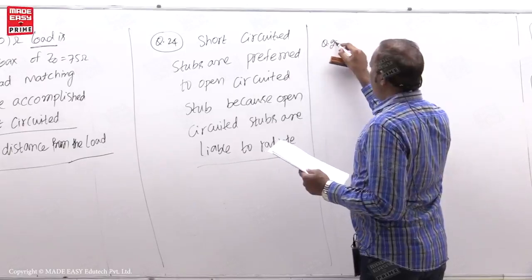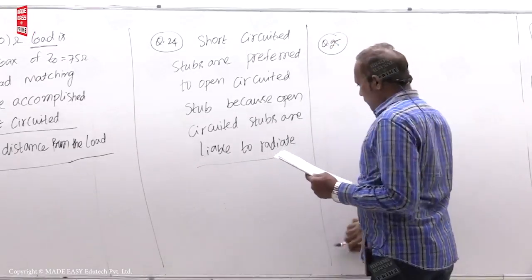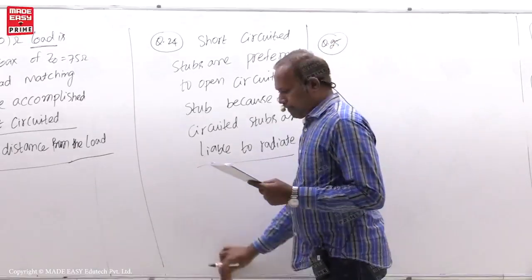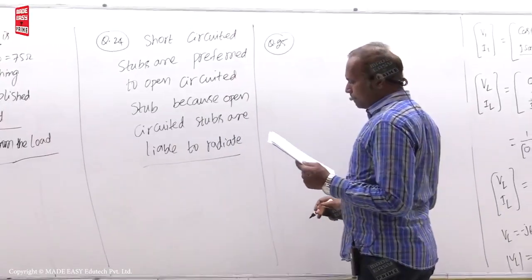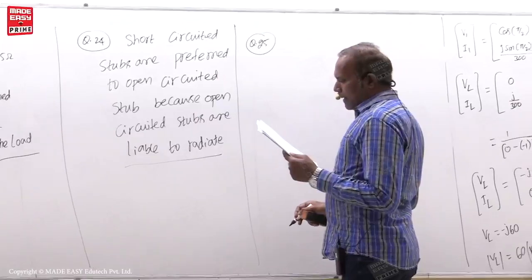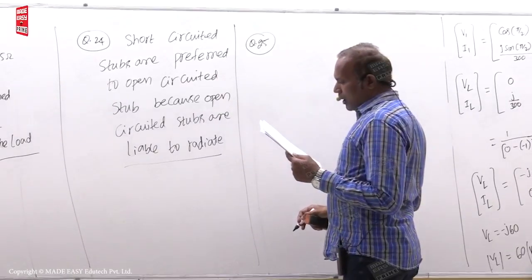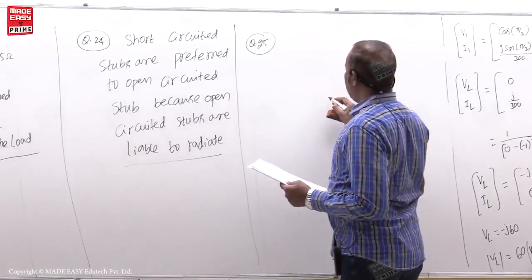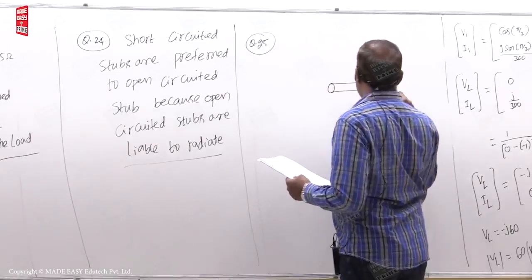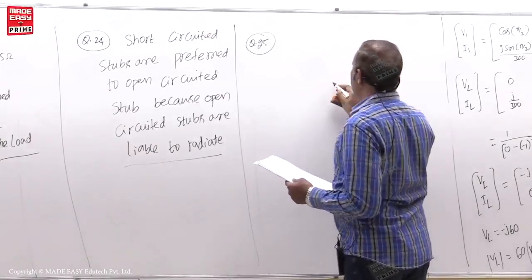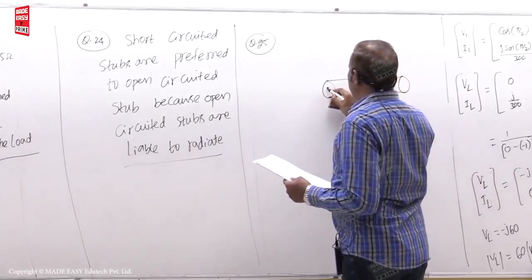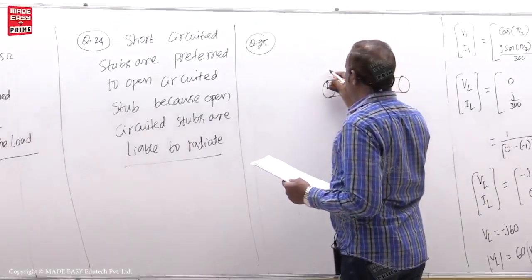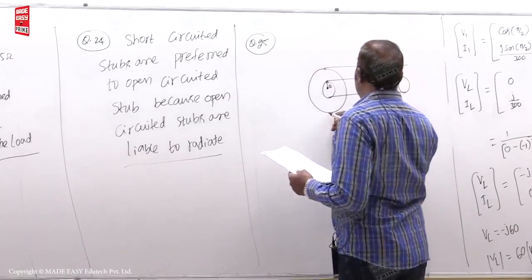Next question. A quarter wave transformer made of air-filled coaxial line. That means a coaxial cable is used as a quarter wave transformer. That means the inner radius is a.